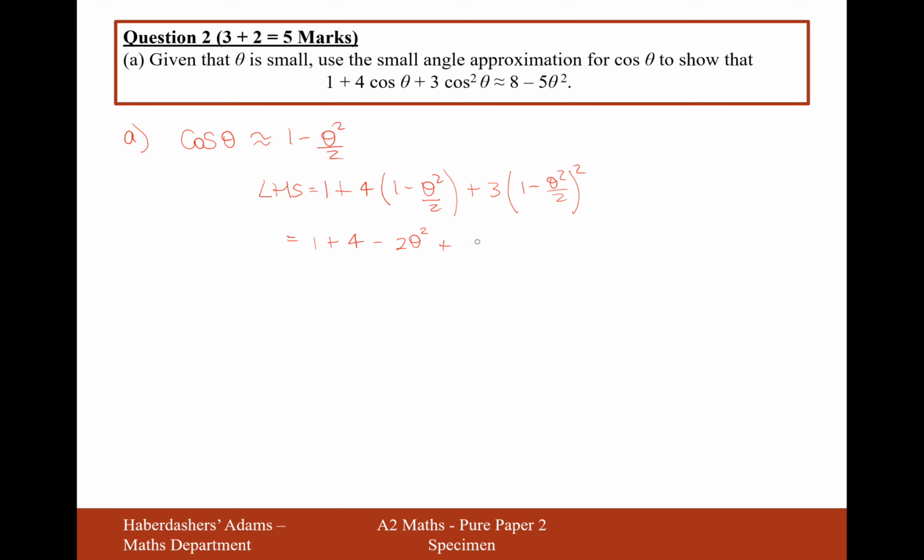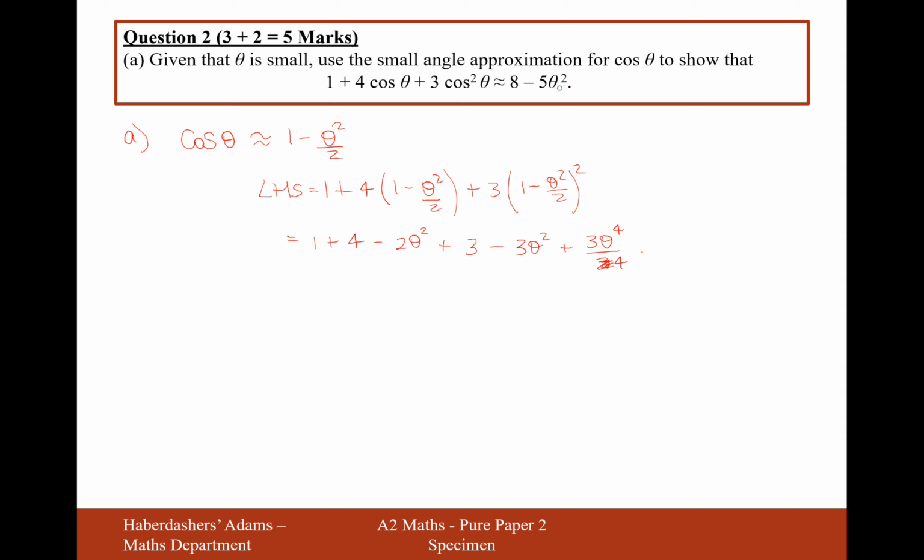And then for the quadratic one, a little bit more tricky here, 3 minus 3 theta squared, and then it's going to be plus 3 theta to the 4 over 4, sorry, because we need to square the 2 as well to make it 4.